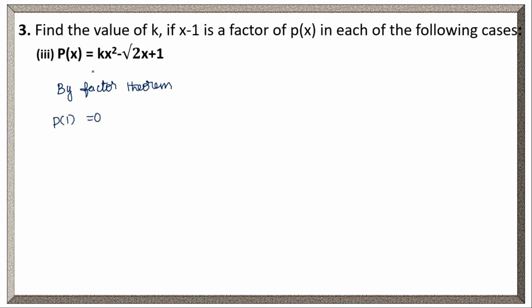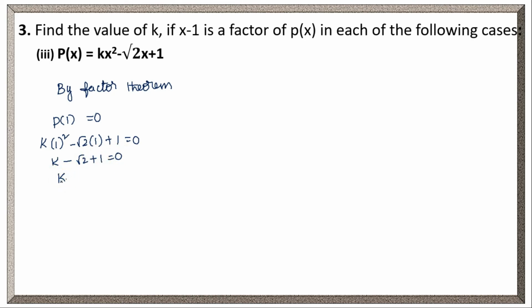That means here p of x is kx square minus root 2x plus 1. So p of 1 means k into 1 whole square minus root 2 into 1 plus 1 equal to 0. So k into 1 square value is 1. 1 into k minus root 2 into 1, root 2, plus 1 equal to 0.